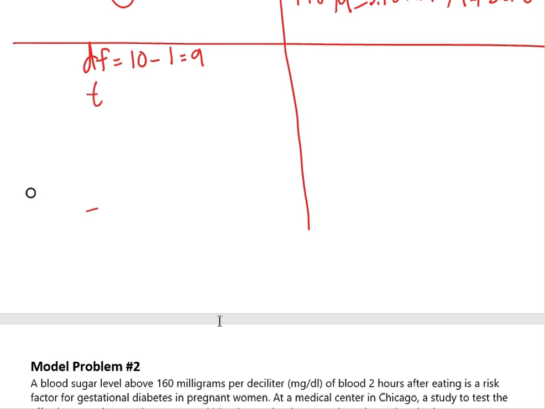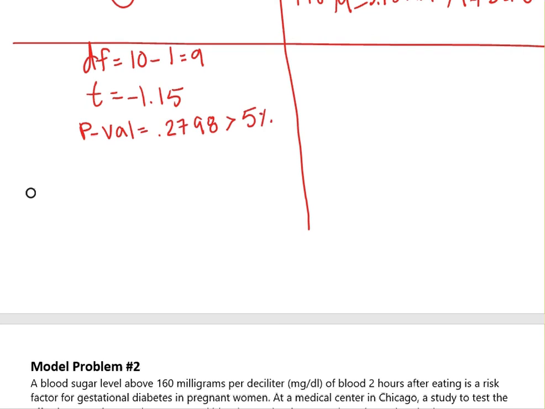And my p-value, I'm going to round, 0.2798. And then remember that you want to compare that p-value to 5%. As I'm comparing here, I can already tell that I'm going to fail to reject because that's quite a bit larger than 5%. And then finally, I'm going to draw my curve.